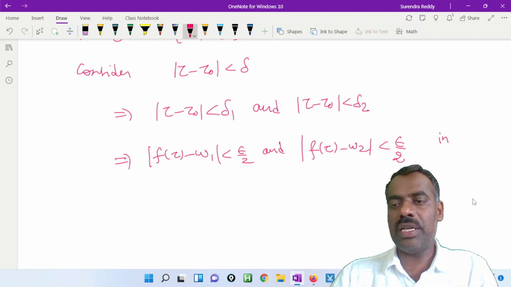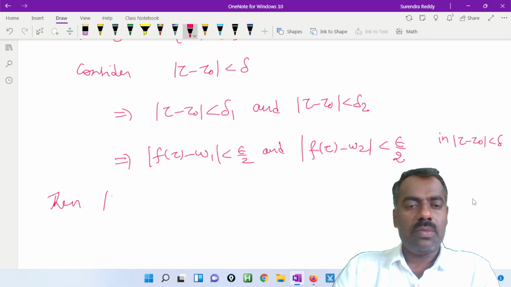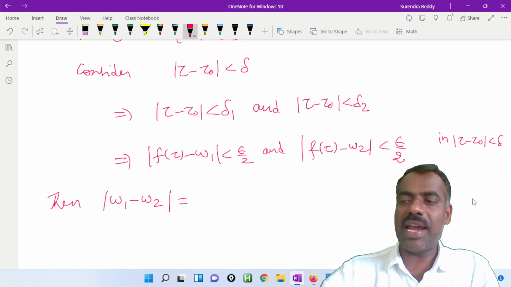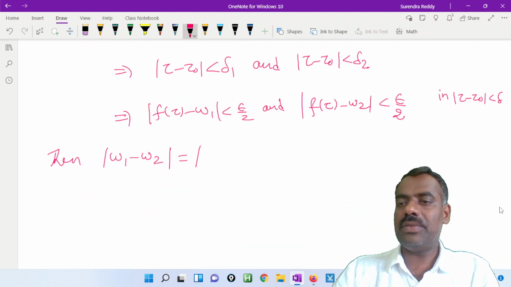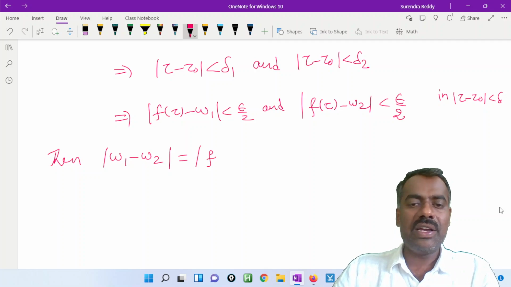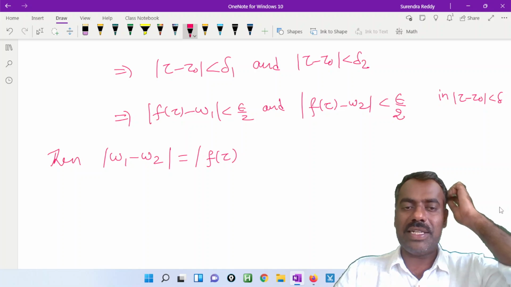So this is true in mod z minus z naught less than delta. Then this w1 minus w2, if you observe, fixing any z in mod z minus z naught less than delta, you can write this by adding and subtracting f of z. That's all.